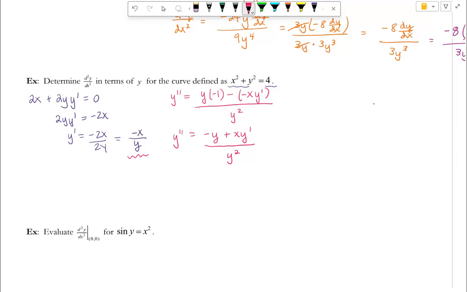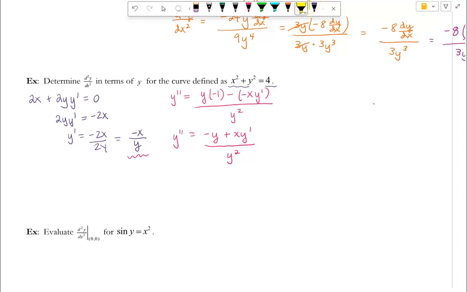So going back to our prompt, we were asked to find the second derivative in terms of y. That means I should not have an x or a y prime in my derivative. So if I go back to my first derivative, I could substitute that into this expression for our dy/dx.